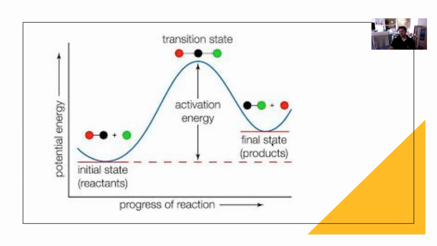So our final state is our product. So we have the red, the black, and the green by itself. In the transition state, they're all connected. And then in the products, the black and the green are the new product, and the red is by itself, right? Nice single replacement reaction we're looking at here. So we have the activation energy. That's the most important part of the transition state theory.